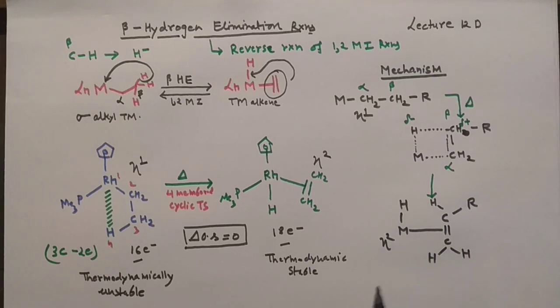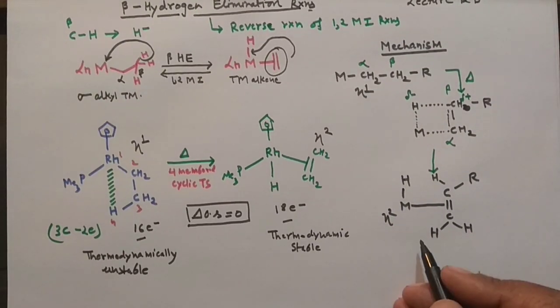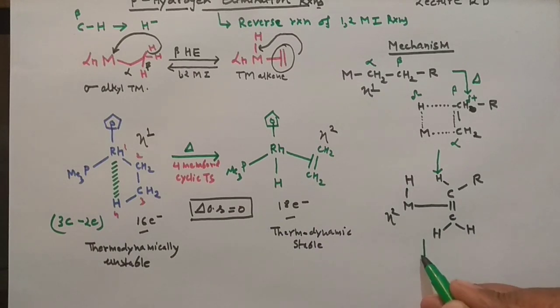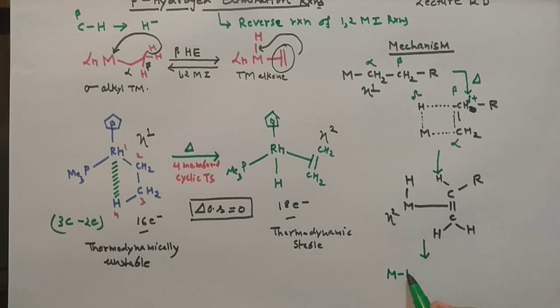If you continue the reaction, say for example, if the reaction continues to occur, what will happen? Your metal and hydrogen are actually released, and CH2 double bond CHR, this is the product.